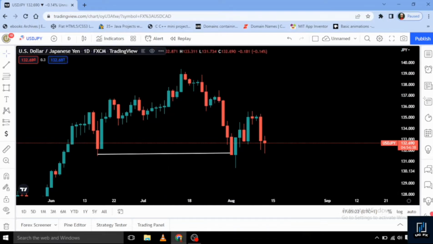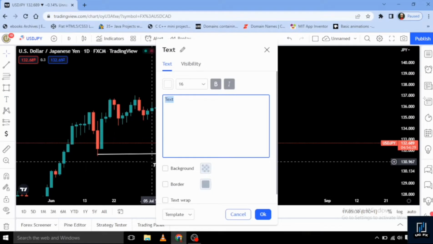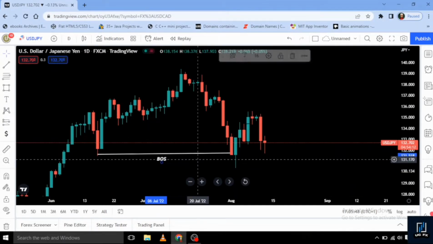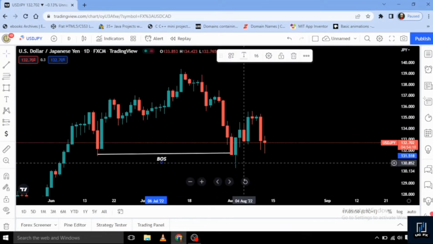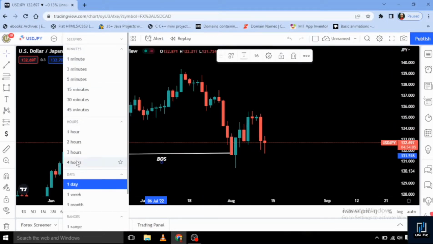First of all, let's tag our break of structure, our BOS. So we are now interested from this point to this point. Let's refine and look where we have our order block on the H4 time frame.